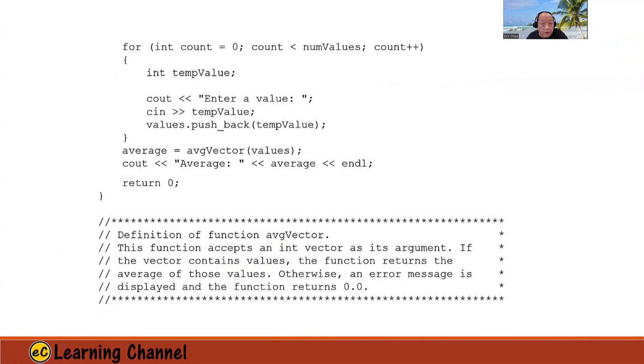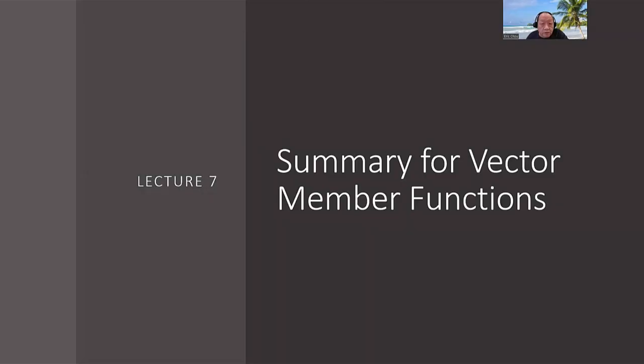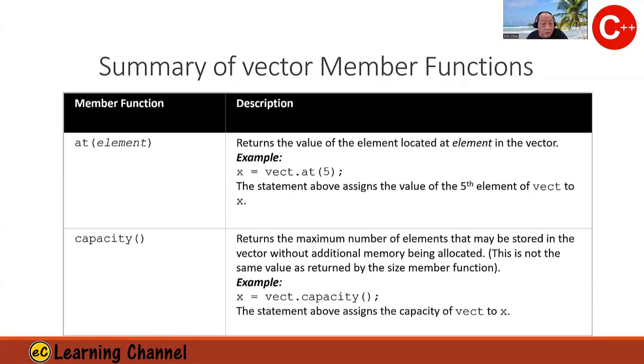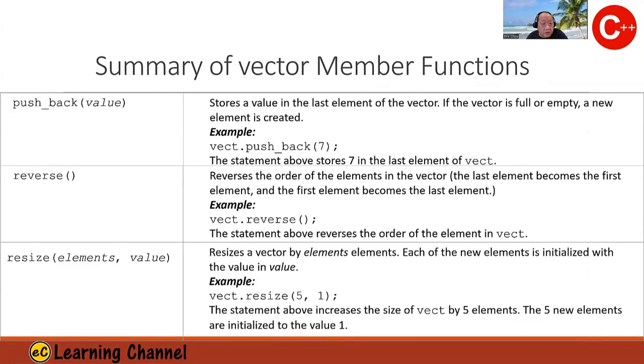So the empty function, and the capacity. Now this one, let's try resize. Resize, you will resize the data with a size. And you can initialize with certain data value.